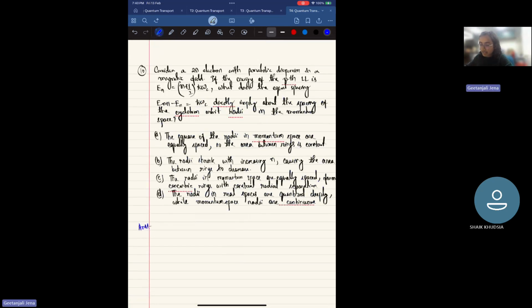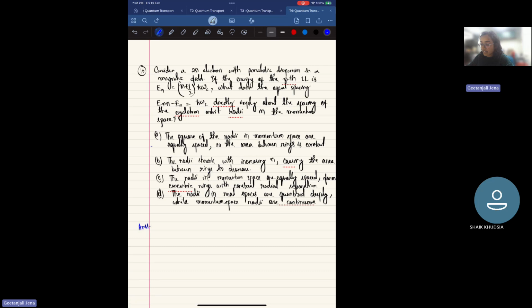Okay, consider a 2D electron gas with parabolic dispersion in a magnetic field. If the energy of the nth Landau level is En equals (n plus half) h-bar omega c, what does the equal spacing, that is delta equals h-bar omega c, directly imply about the spacing of the cyclotron orbit radii in momentum space? Option A, the square of the radii in momentum space are equally spaced, so the area between the rings is constant.